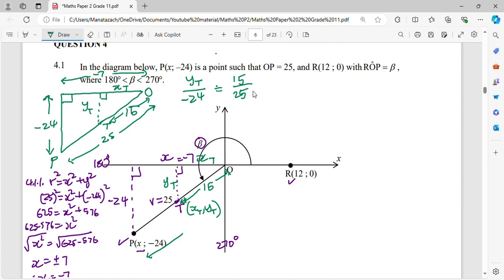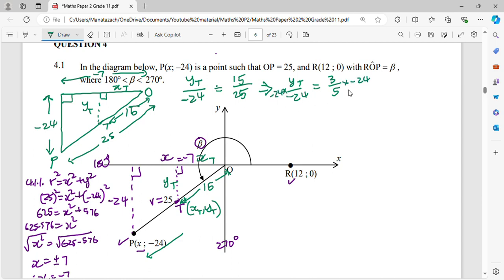So this will give us YT. Let's simplify this first. YT over minus 24 is equal to, so 15 over 25 is the same as 3 over 5. So we can multiply by minus 24 both sides.